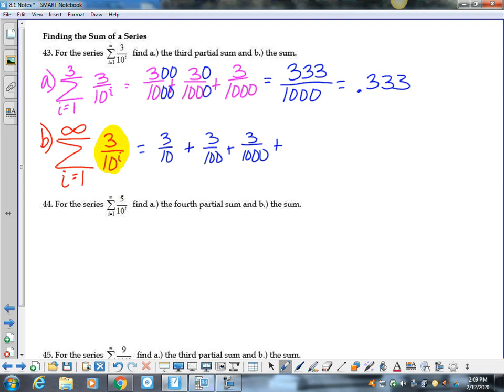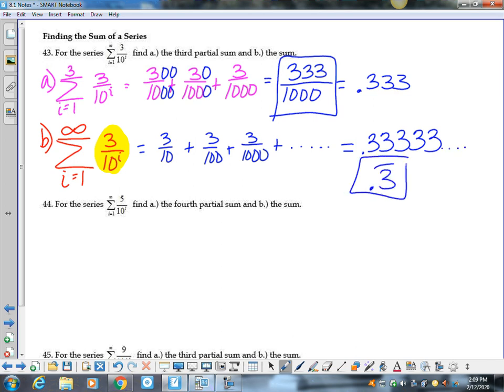So think about what that's going to equal. And I can't write that as a fraction because this is not a finite number. But if it's 3 tenths plus 3 hundredths plus 3 thousandths plus 3 10,000ths plus 3 100,000ths, the sum is 0.3 repeating.